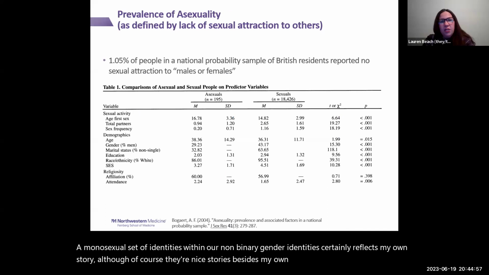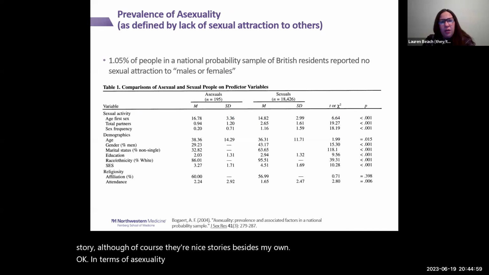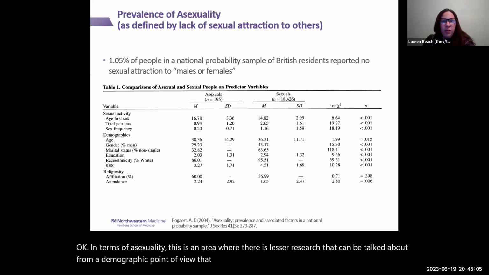Okay, in terms of asexuality, this is an area where there is less research that can be talked about from a demographic point of view that's from representative probability studies, because oftentimes questions do not include a structured asexual response option.